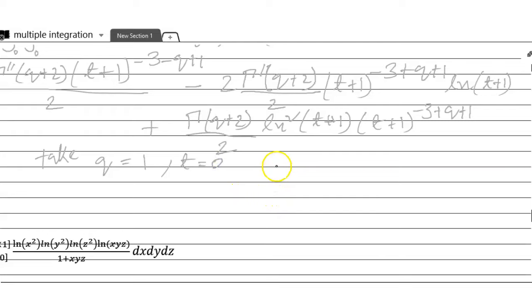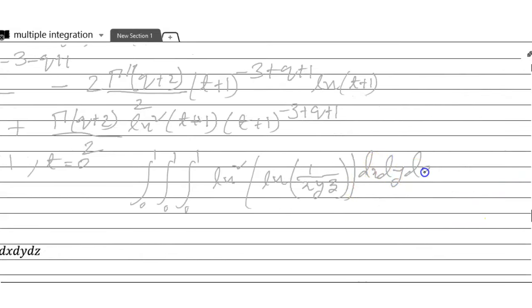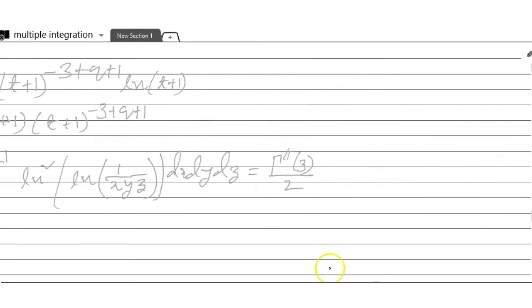So I get the value: integral 0 to 1, 0 to 1 and 0 to 1 of ln square ln 1 by xyz dx into dy into dz equals gamma double dash 3 divided by 2, which equals 1 minus 3 gamma plus gamma square plus zeta square, sorry, zeta 2.